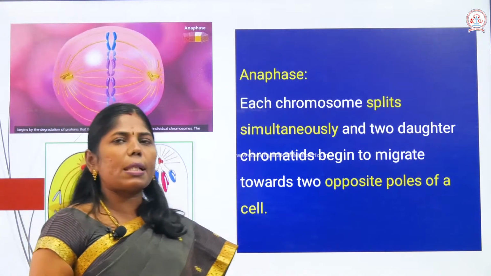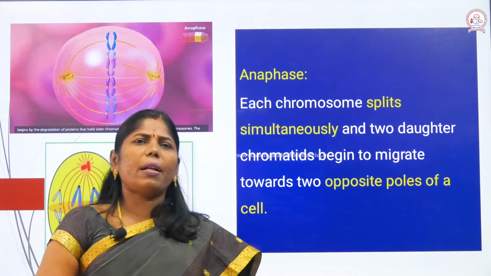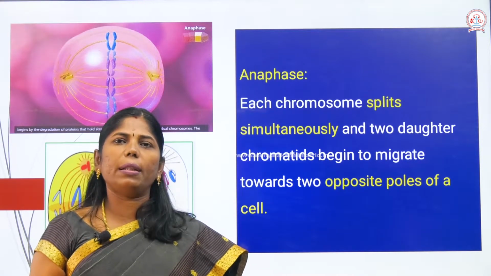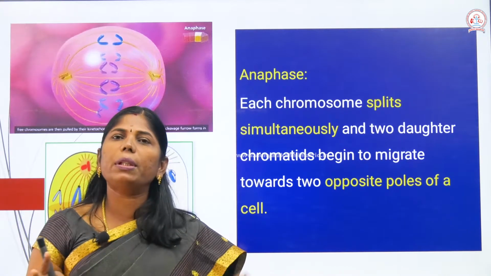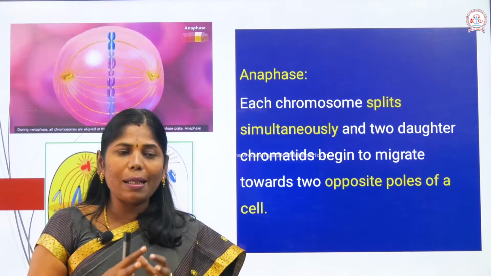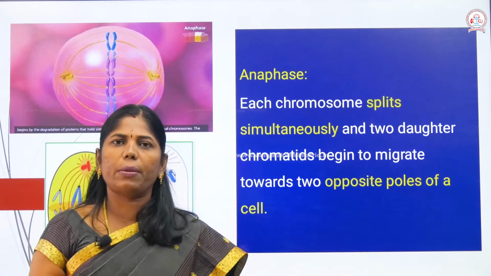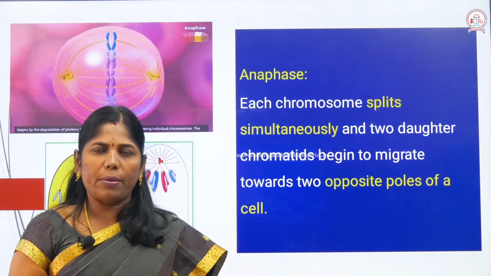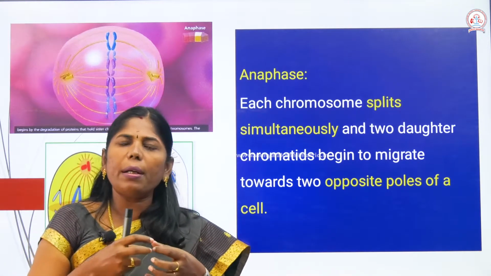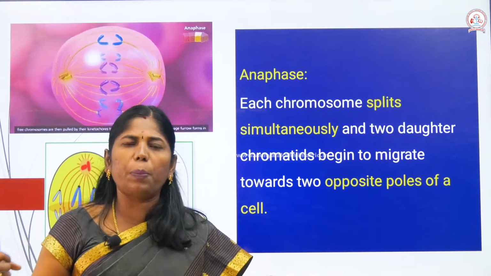So next we have to see the anaphase. The anaphase is a very important phase in mitosis. In the anaphase we can see the movement of the chromosomes, the clear migration of the chromosomes. We can see the different shapes of the chromosomes during the anaphase, when the chromosomes are separated from each other and moving towards the opposite poles.